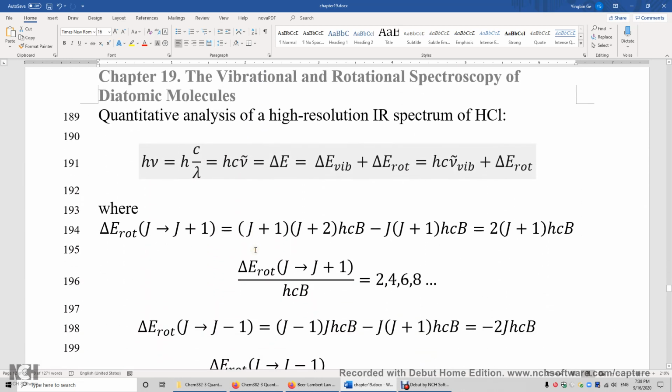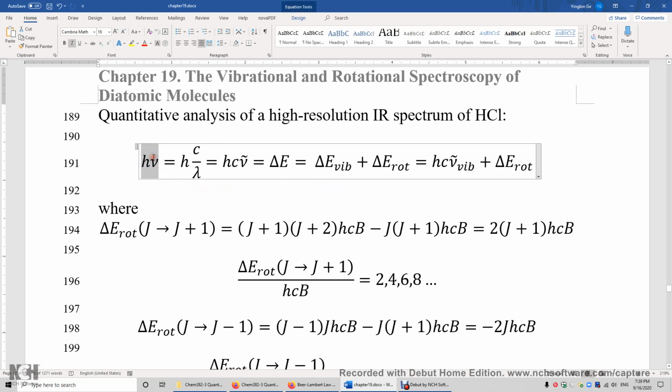We can do quantitative analysis of the high-resolution infrared spectrum of HCl. First, let's look at the energy of the photon. This is the energy of the photon. h nu is hc over lambda, and we use this nu tilde as the wave number.